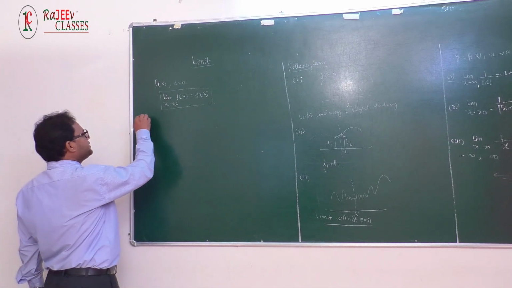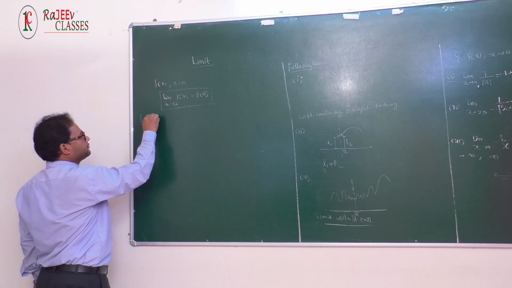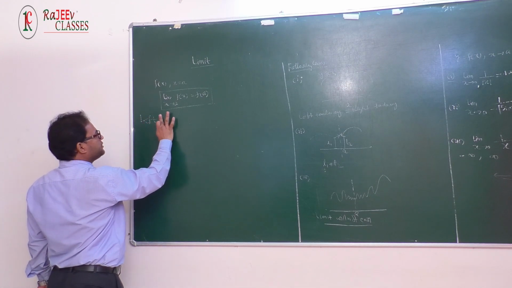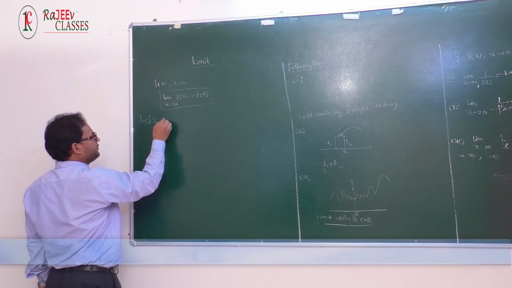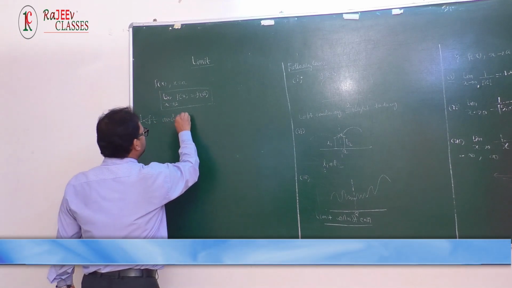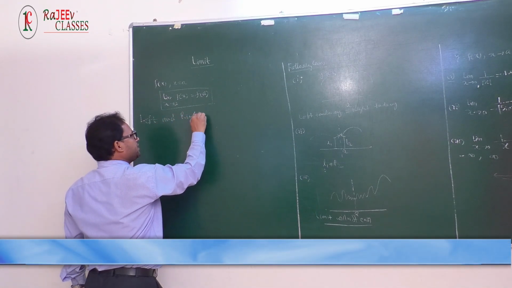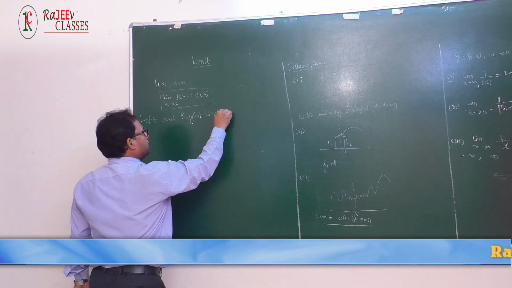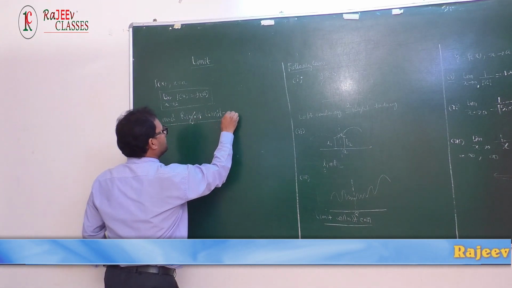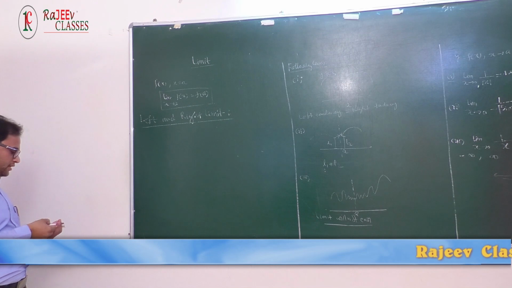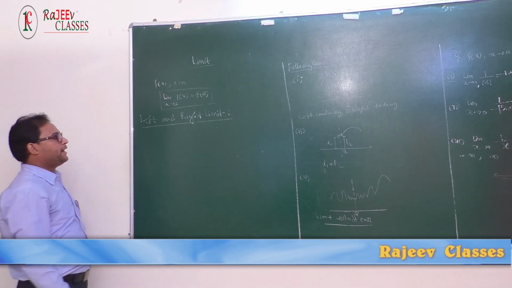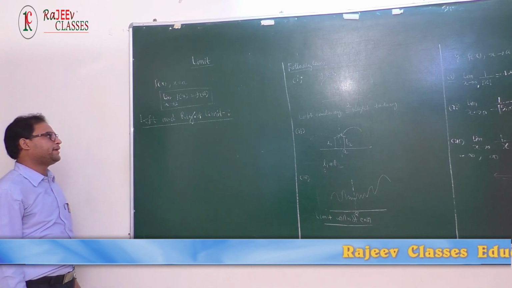Now the next point is left hand limit and right hand limit. Generally, the left tendency of a function is called the left hand limit, and the right tendency of the function is called the right hand limit.